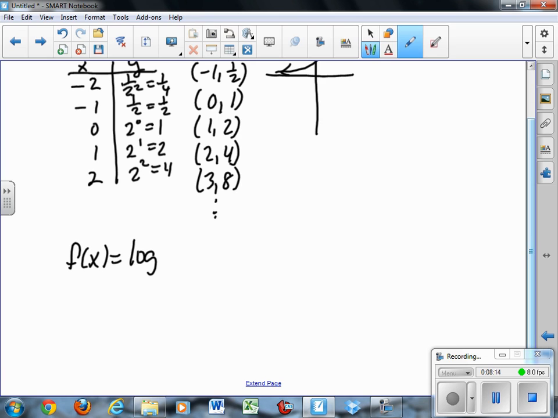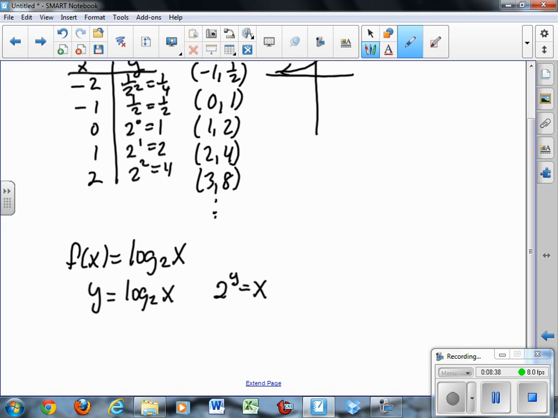So my x value is a number, and the f of x value is the exponent. 2 to what exponent gives me x? So let me rewrite this as y equals log base 2 of x. And what I'm really saying is 2 to the y power equals x.